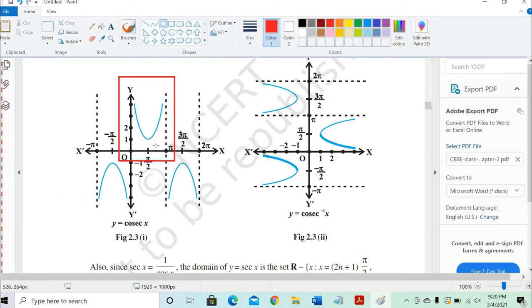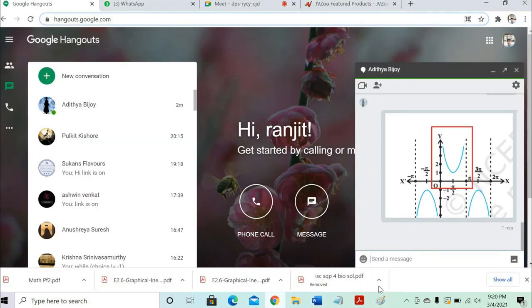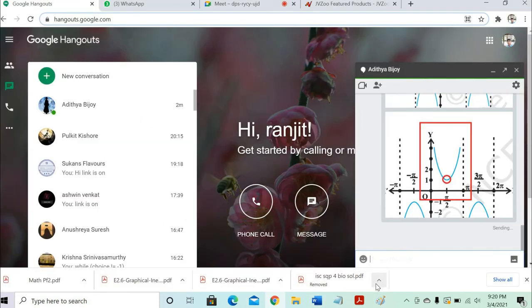Clear? Yes, sir. Excellent. Now as you move from 90 degree to 180 degree, what happens to the sine? Sine is in the second quadrant, where the sine is anyway positive.